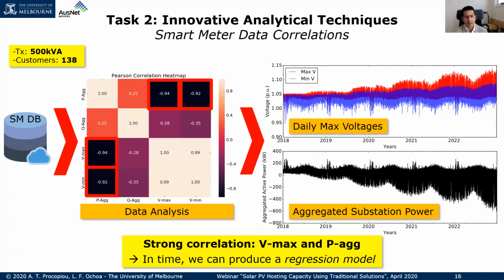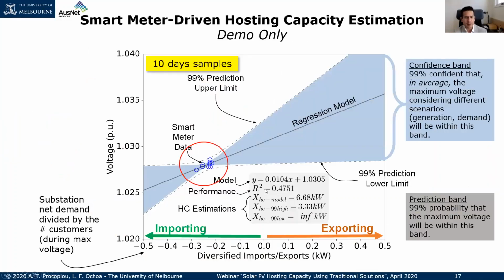So there was a strong correlation there, and we used it to create a very interesting figure. On the y-axis is the maximum voltage level seen by the customers of a given low voltage transformer and the corresponding feeders, and on the x-axis what we call the diversified imports or exports. This is just the average of the aggregated power seen at the corresponding transformer, so it's the average of what each customer would be doing.